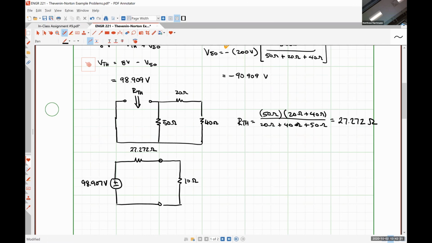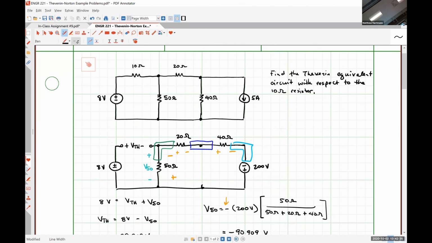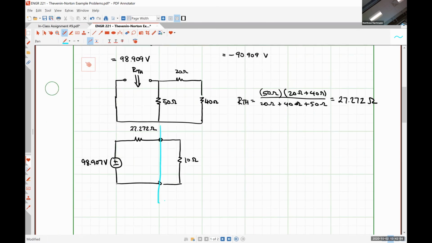Okay. So we took this whole network, everything but the 10 ohm resistor, and simplified it down to those two elements.